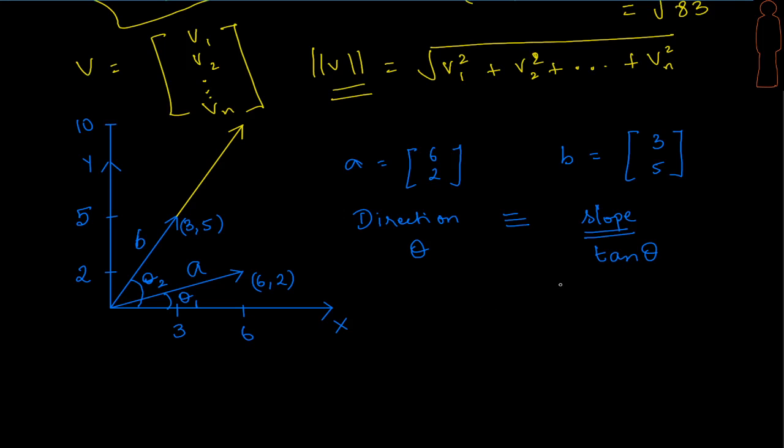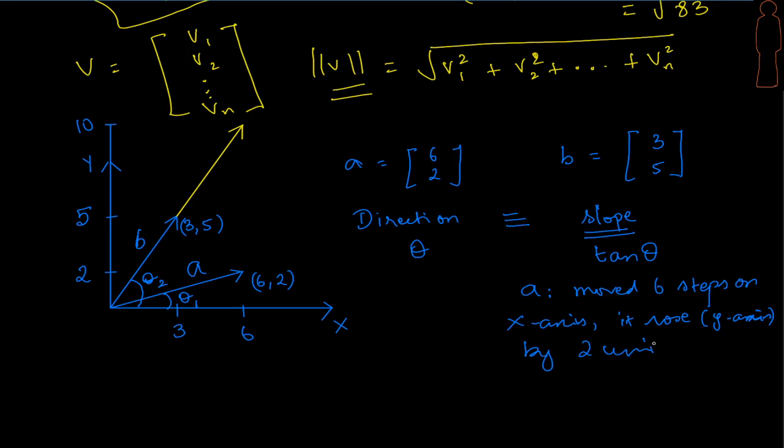We are saying for vector A, it moved 6 steps on the x-axis, and it rose, which means that we are talking about the y-axis, it rose by 2 units. Great. Now look at the B vector. For a movement of 3 units on the x-axis, it rises by 5 units, right?